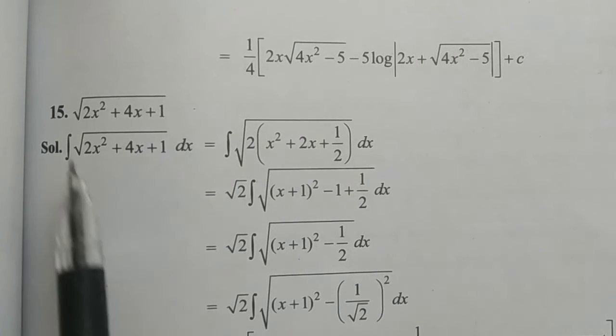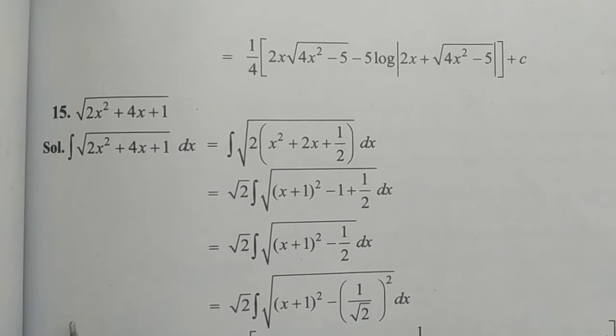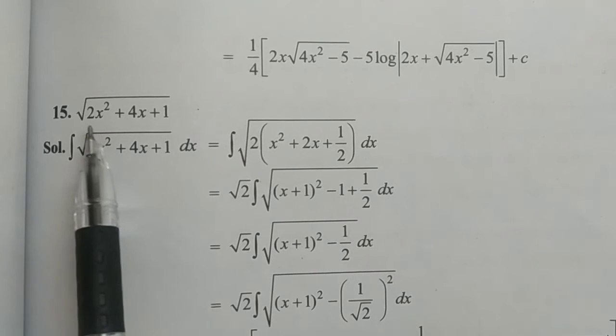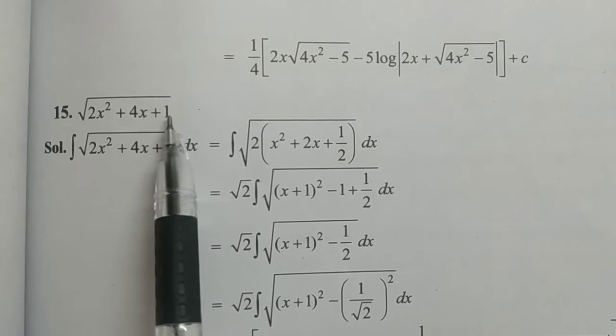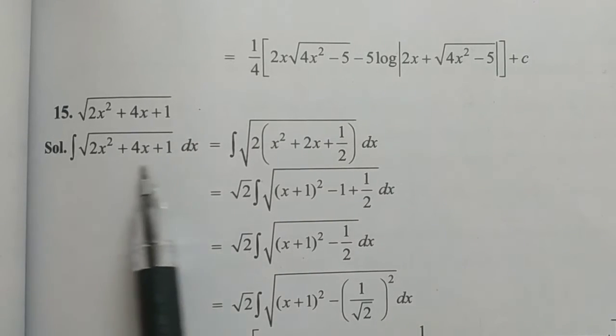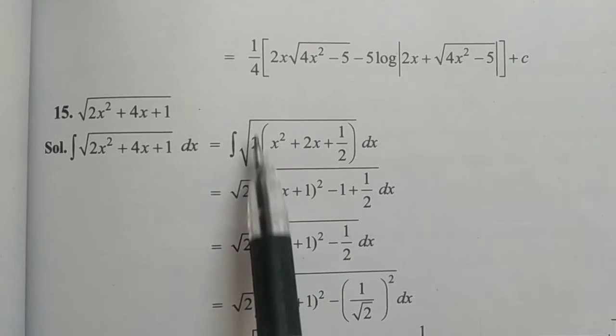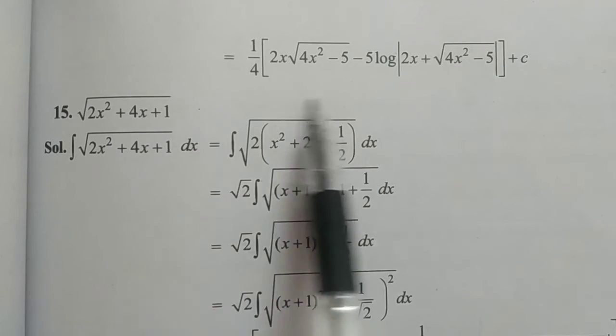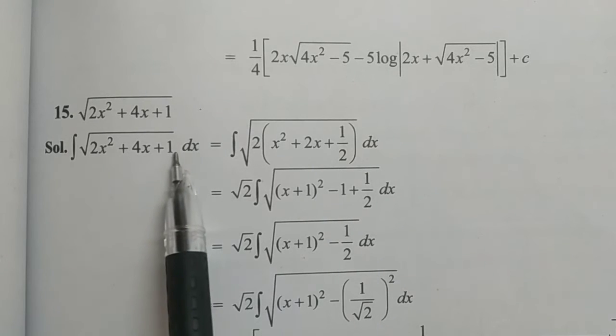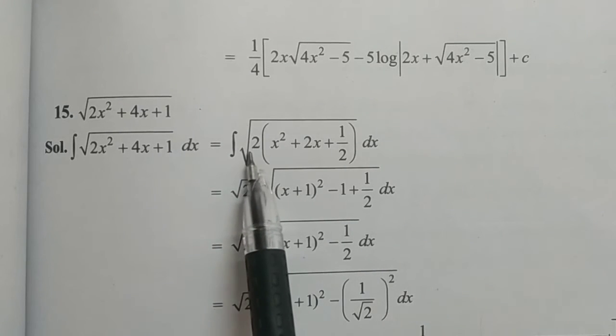Next one, question number 15. Integrate the value for 2x square plus 4x plus 1. Integration of this function is equal to integral over square root of, here what is the common term here? 2 is the common term. Take 2 out.